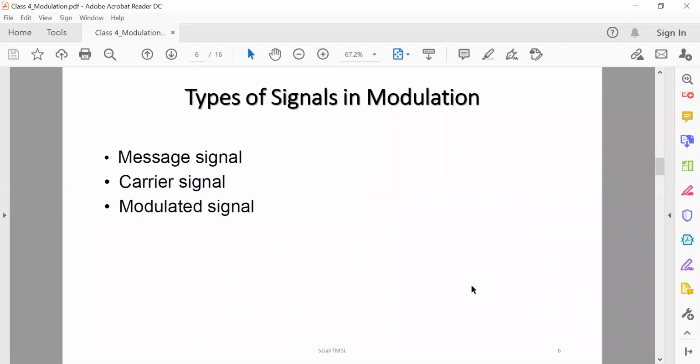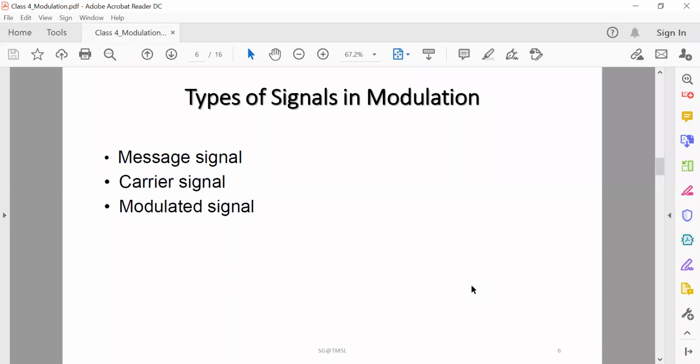Now the types of signals. I have used these terms: message signal, carrier signal, modulated signal. So what are these signals? The message signal contains the message to be transmitted to the destination. This is also known as the modulating signal or baseband signal.